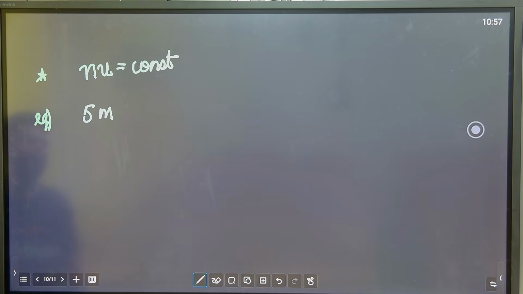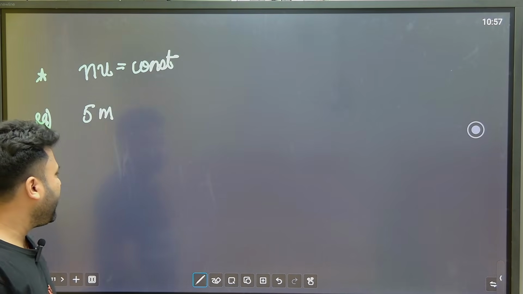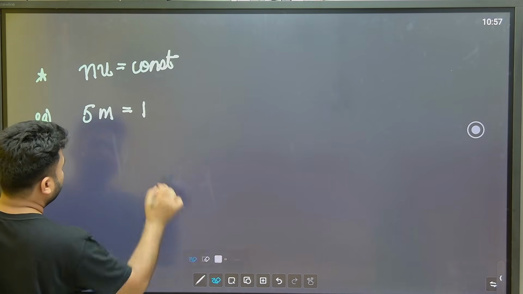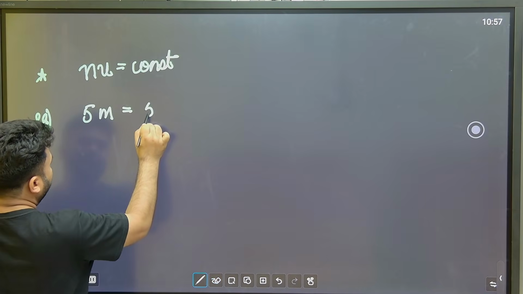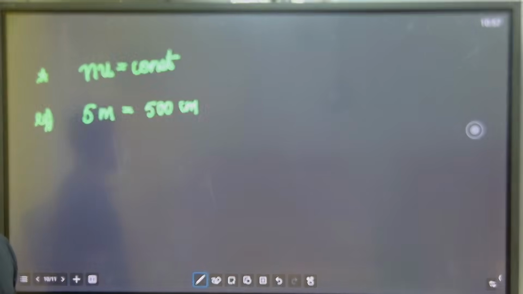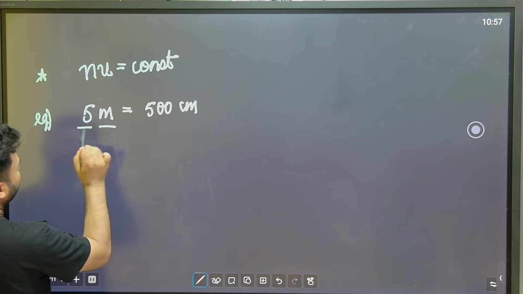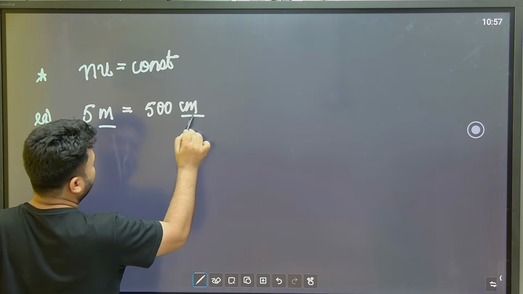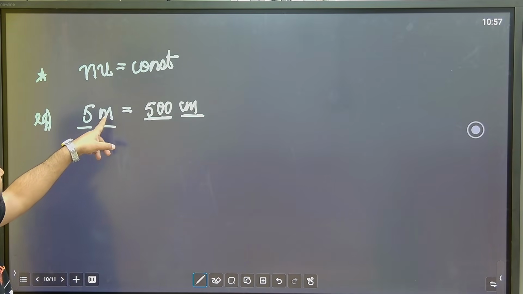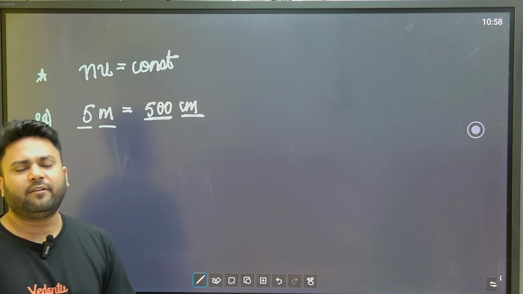This 5 is the number and meter is the unit. So 5 meter equals 500 centimeter, since 1 meter is 100 centimeter. If we change the unit, the number will also change. The unit was meter, the number was 5. The unit is centimeter, the number is 500.